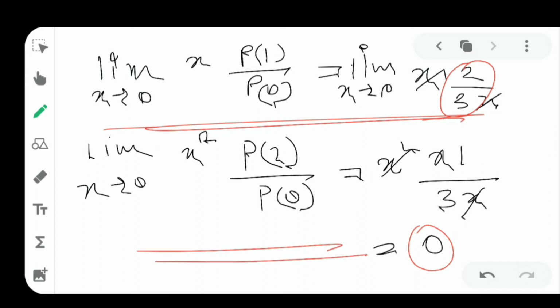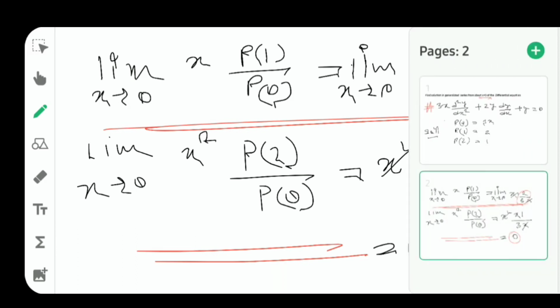So if both of the limits are finite, then x equals 0 is a regular singular point.